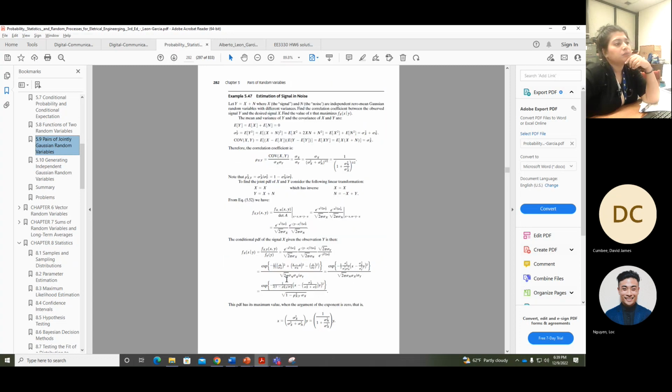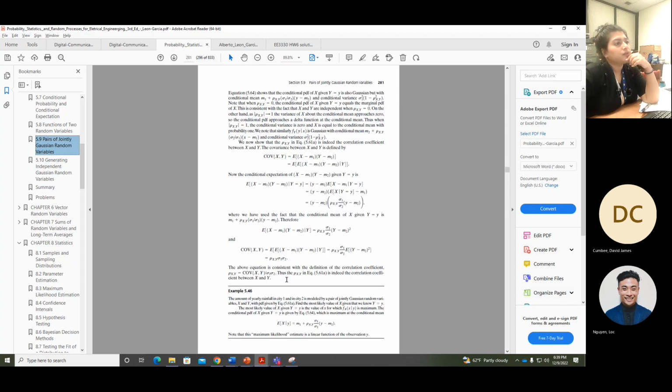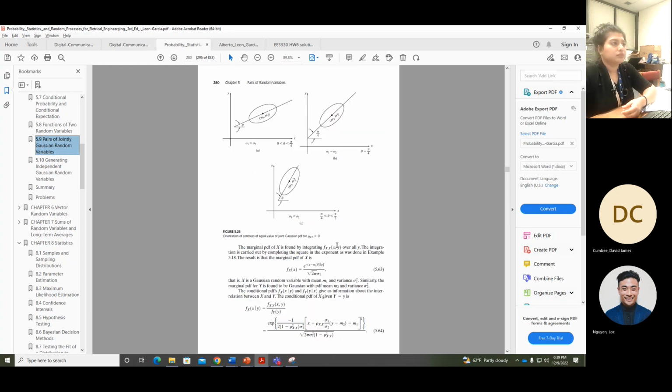Actually, you know what? The Jacobian, now that I'm thinking, we might give you a small problem. When you have rho of x, y, you just have the covariance and you have to divide it by sigma 1 and sigma 2. So if you have the covariance of x, y, and the variances of x and y, you just divide.